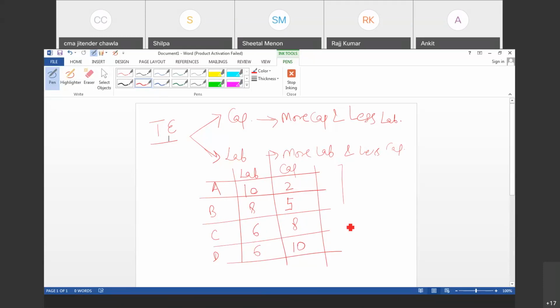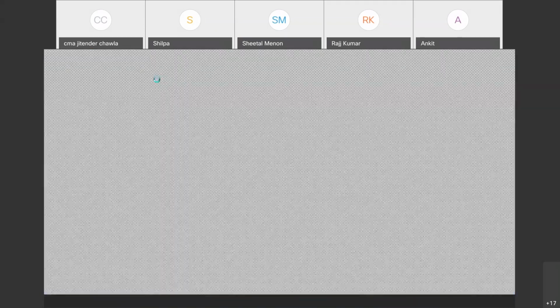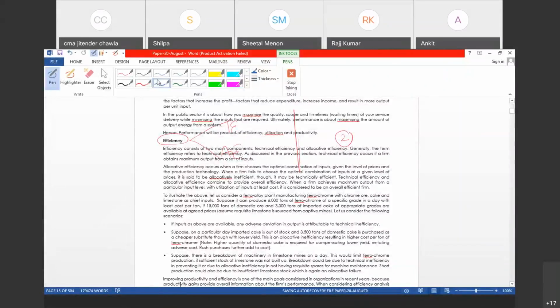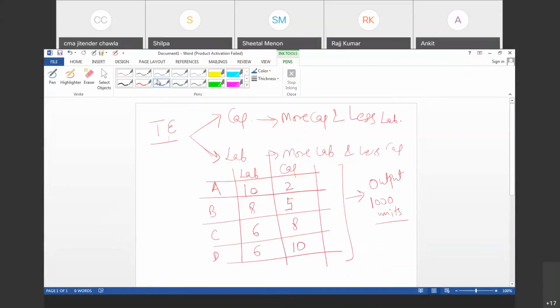And all of these give me output. Any of the processes I can use, I will obtain an output of 1000 units. This is a basic question I have taken. I need an answer from you in the chat box. If you reply, it's good. If you are not replying, again it is good. No issue.